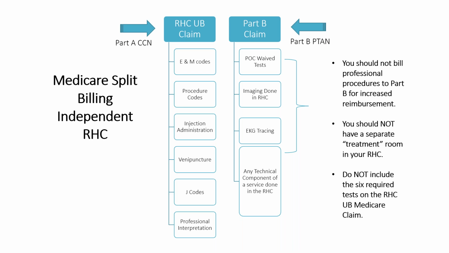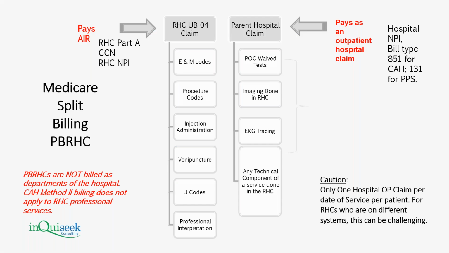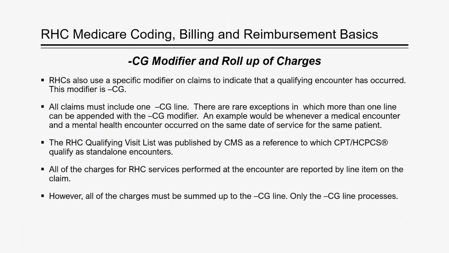So here's our independent split billing chart. And here is our provider-based RHC split billing chart. Those split bills go out on the hospital side just as if they were a hospital outpatient service. Those might be helpful for you to have all in one presentation.